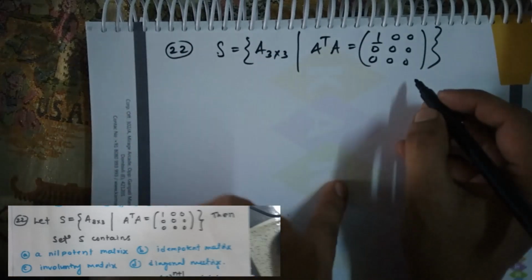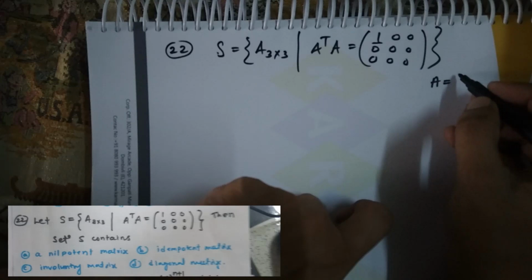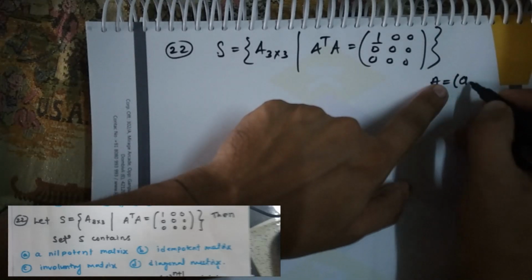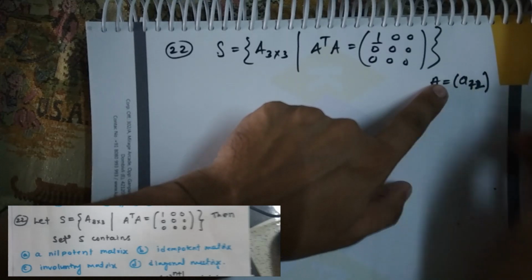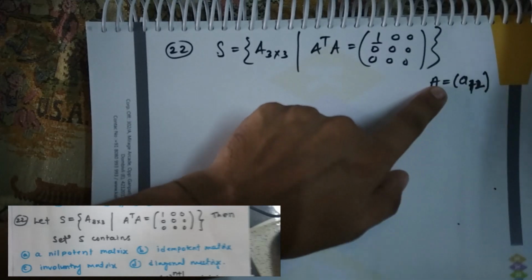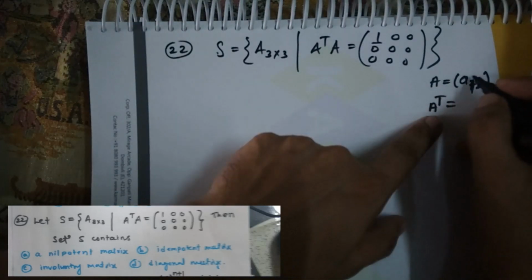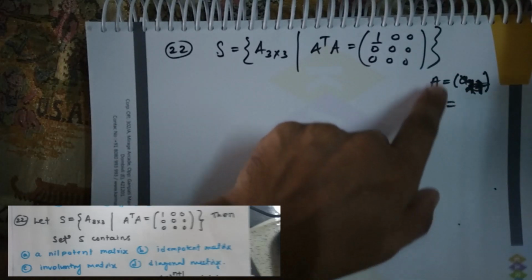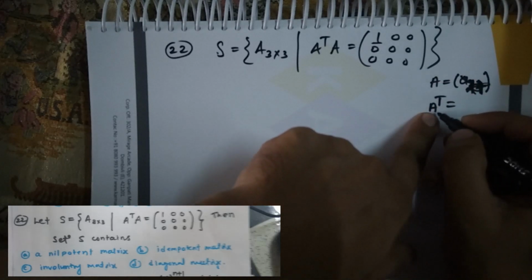What we'll do is construct the matrix A such that its a12 entry is non-zero. Okay, and what will be the non-zero entry of A transpose? Let's take a21 itself. Suppose the a21 entry of this matrix A is non-zero, then what will be the non-zero entry of A transpose?